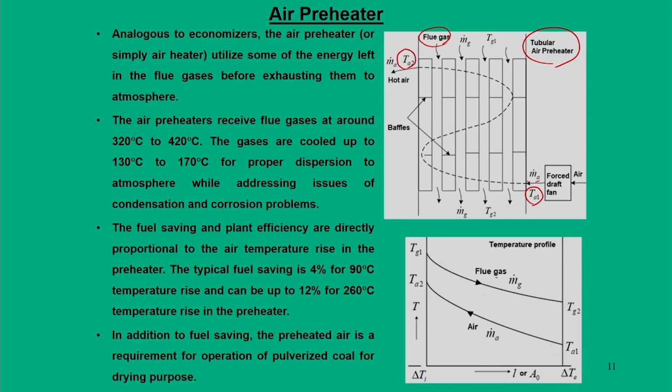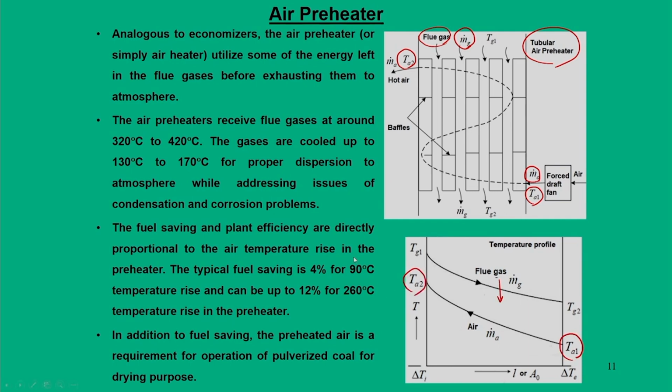For a given mass flow rate of air, there is also an essential requirement for the mass flow rate of flue gas. The analysis is again a simple type of heat exchanger analysis, where the only difference is that energy comes from the flue gas, and only air is heated from TA1 to TA2.